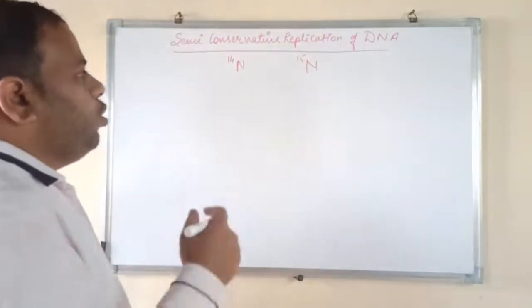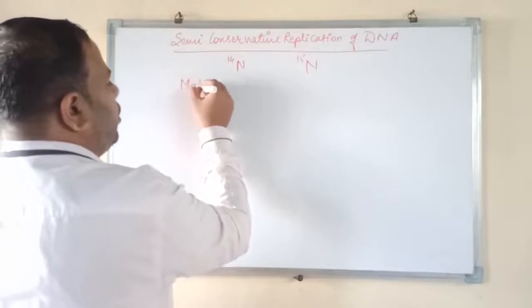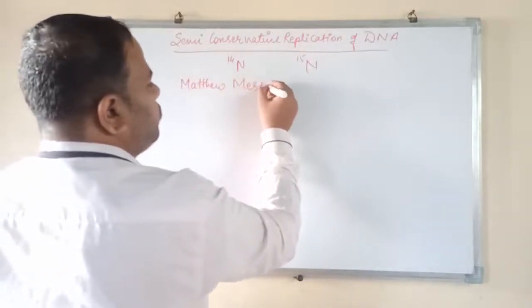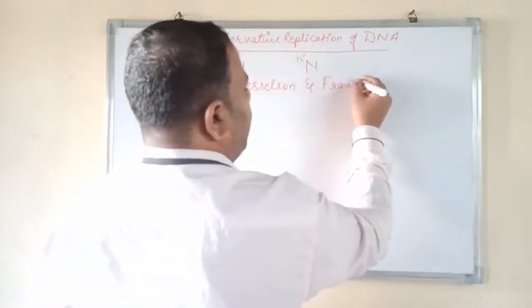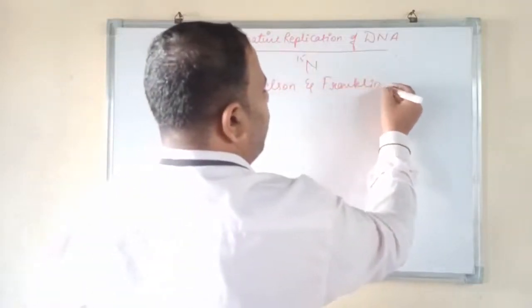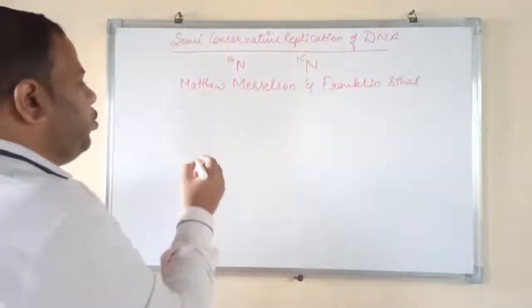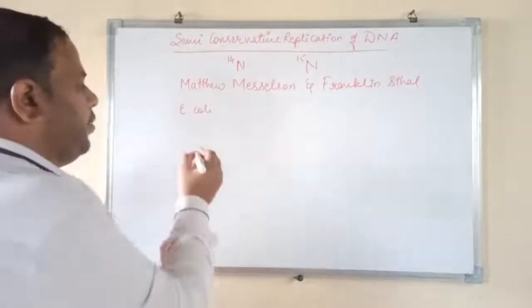What Meselson and Stahl did, these two scientists took E. coli as their experimental organism.